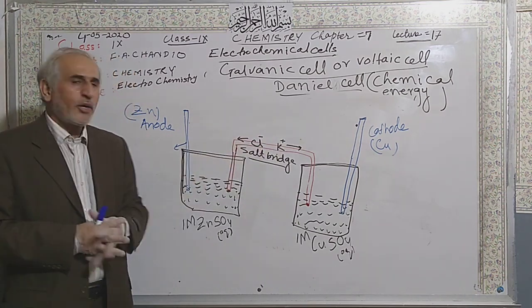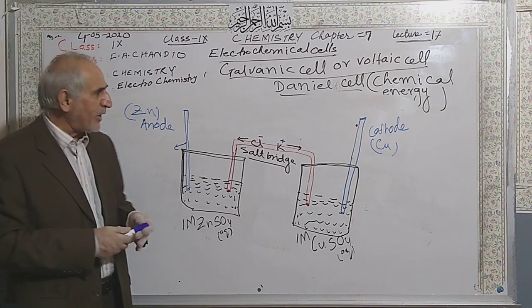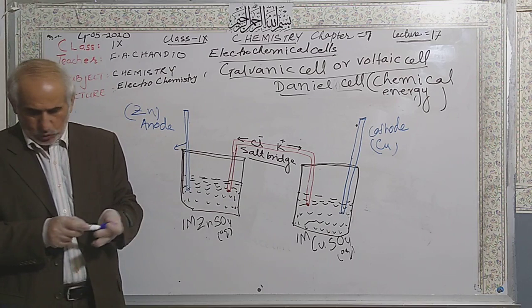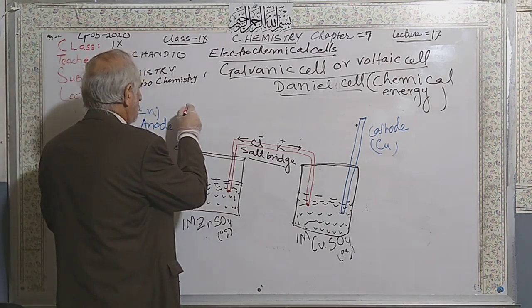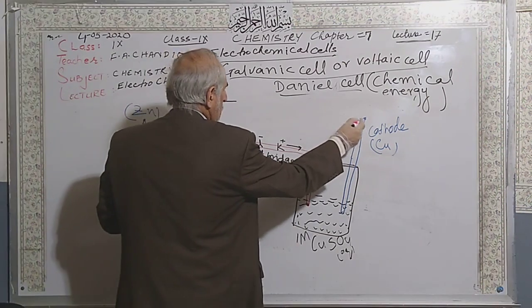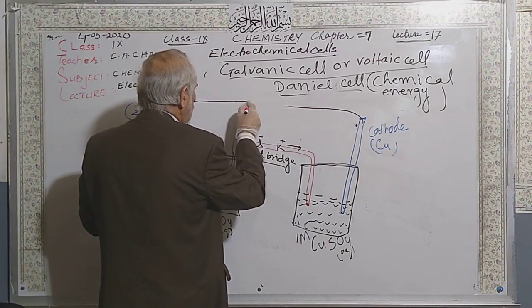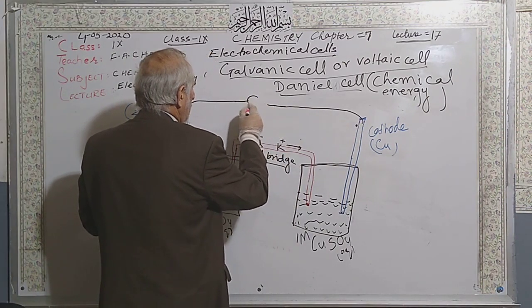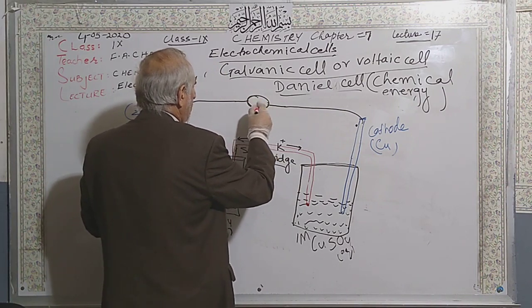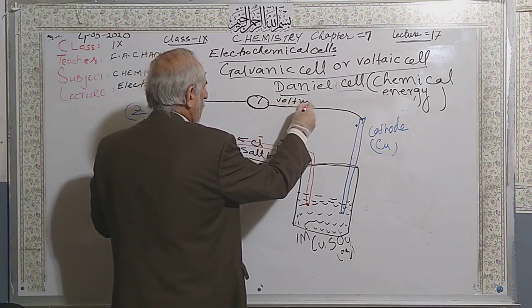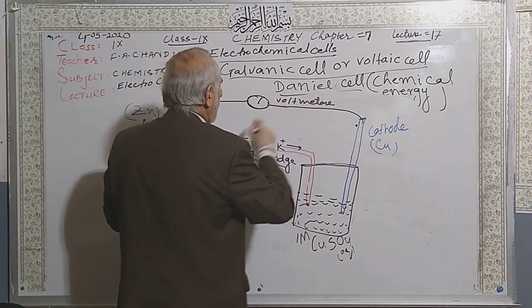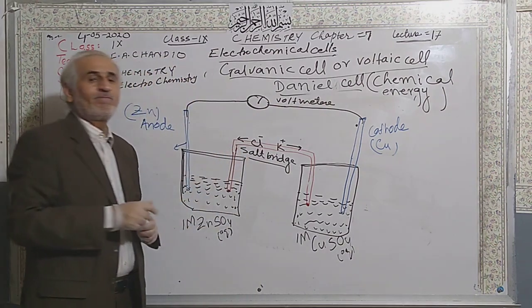These electrodes are not connected. The circuit is not complete. So what happened? I have to use a bulb, or you can use the voltmeter.